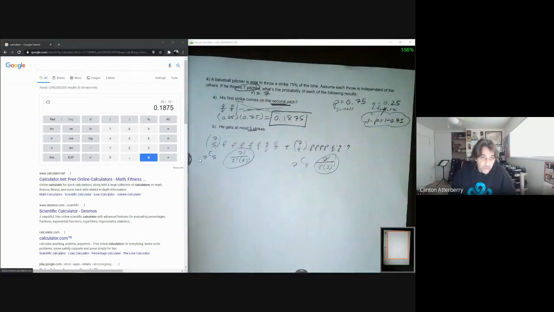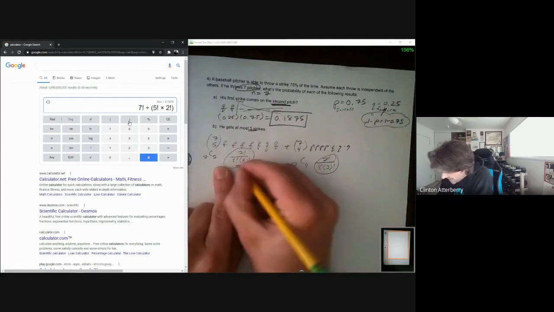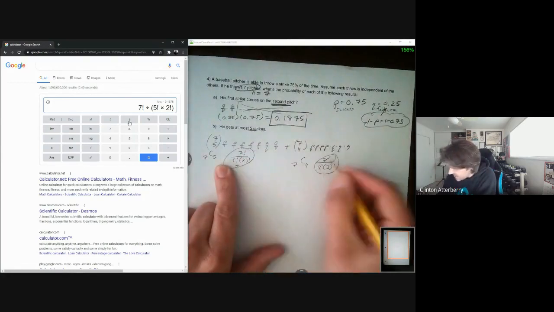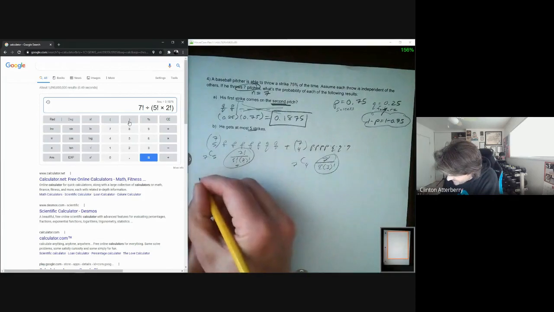Okay, so like that first one, for example, would be 7 factorial divided by (5 factorial times 2 factorial). So these two numbers here should always add up to that number up there, okay? Because this number down here, remember the formula they gave you, they said nCk.